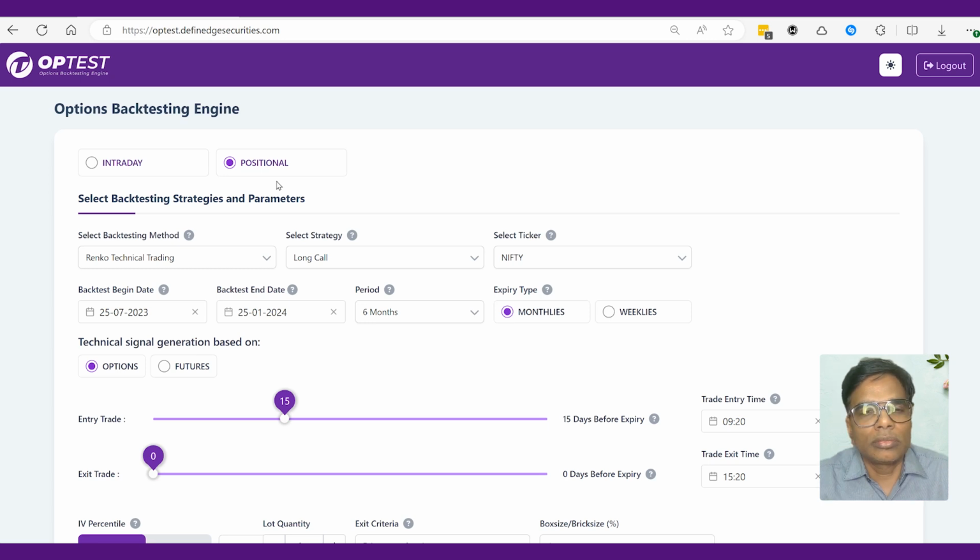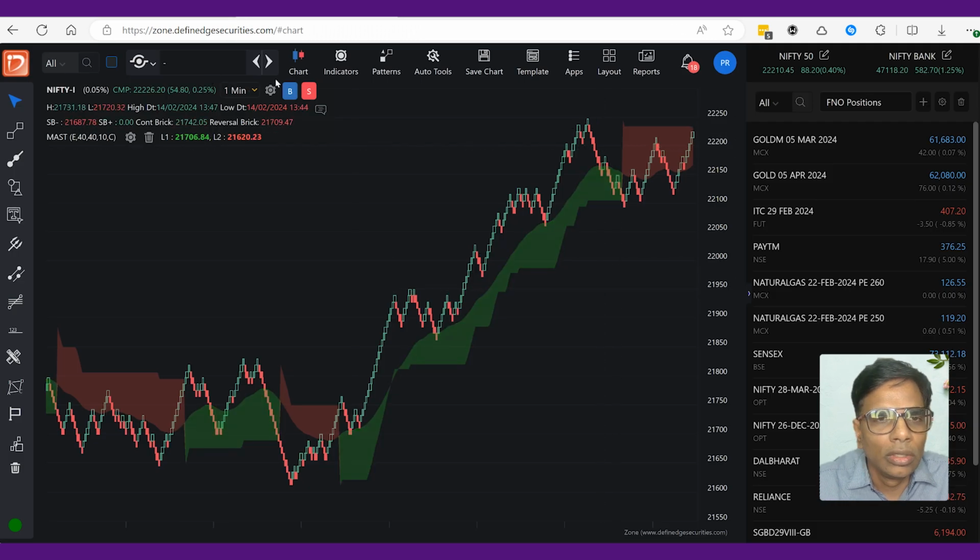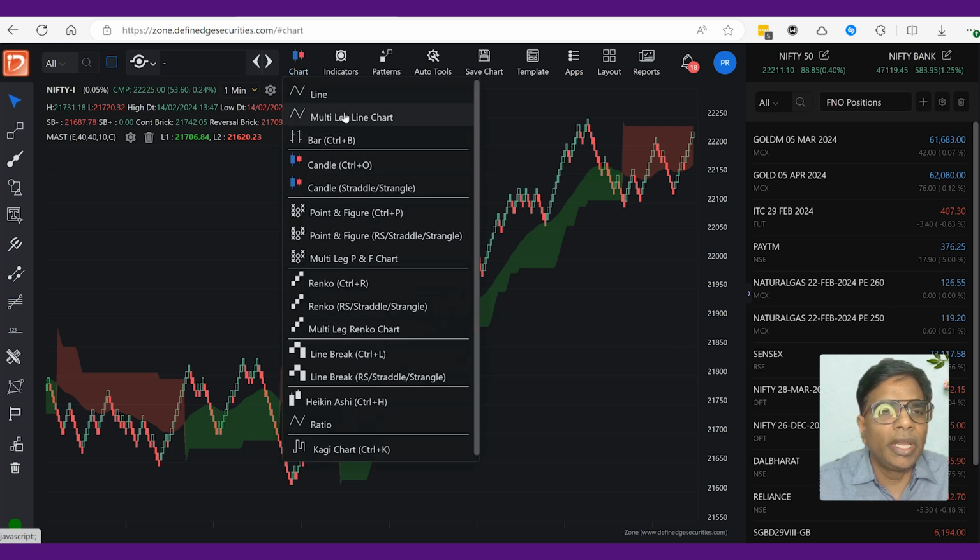Now I'll briefly show the Renko system here and what we are going to do in this particular positional backtesting using the Renko charting system. If you go to Definedge Securities on RZONE and open any chart, you will see different kinds of charting systems.